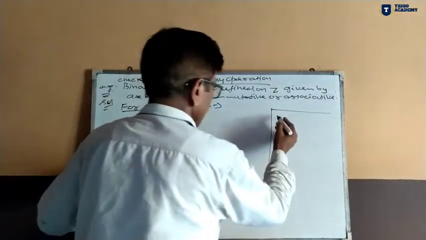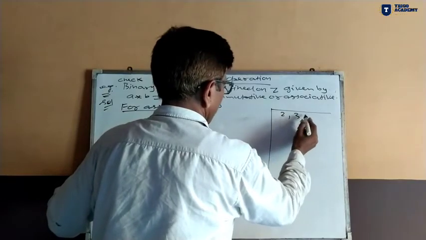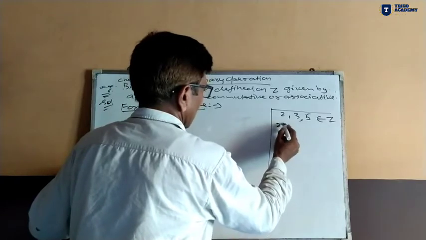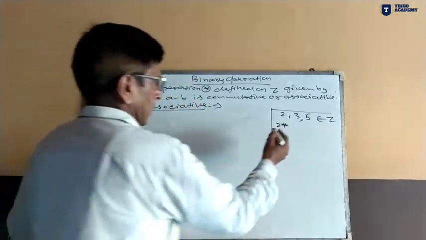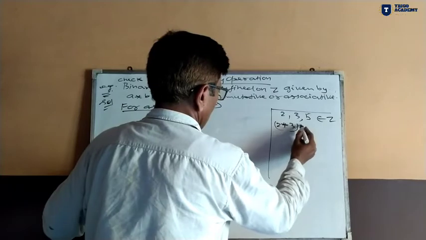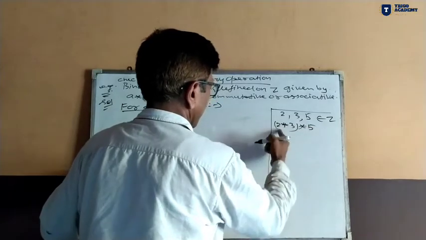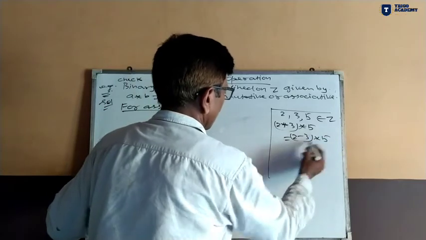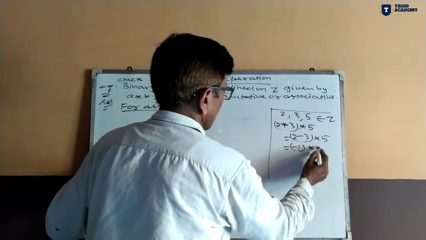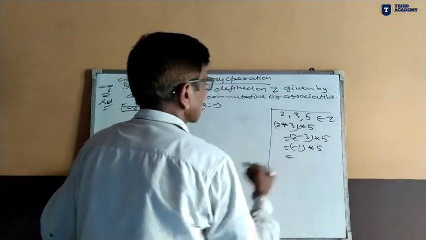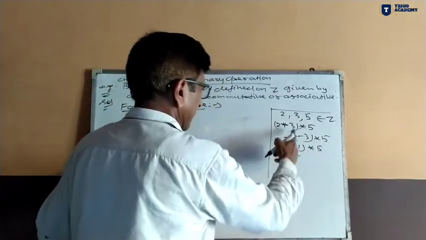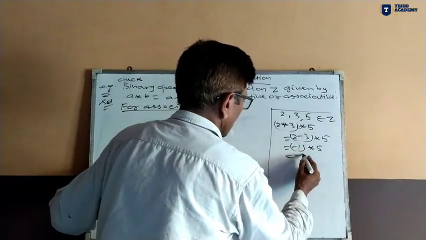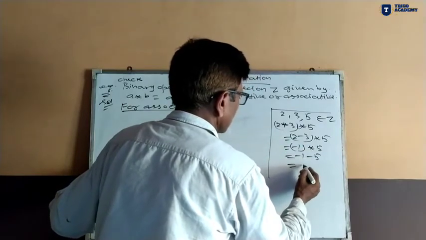Numerically, see, 2, 3 and 5, these are integers. 2 star 3 star 5 equals, first we simplify this, 2 minus 3 is minus 1, then minus 1 star 5. Again we apply the star definition, so minus 1 minus 5 becomes minus 6.